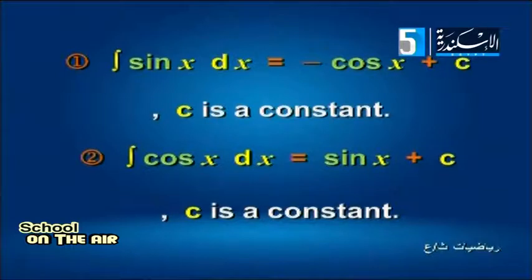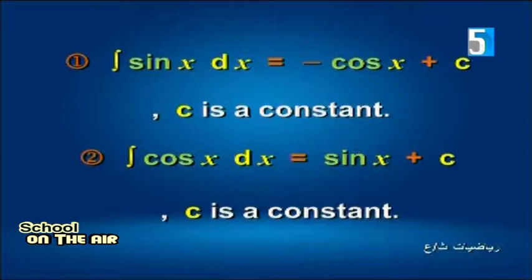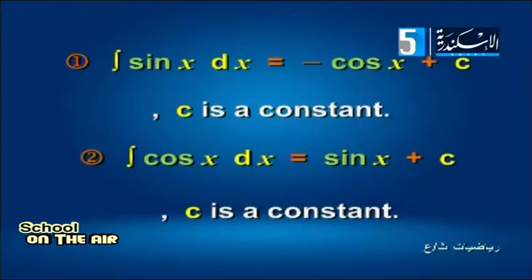Now the integration is antiderivative. Derivative of cosine x equals negative sine x, then integration sine x dx equals negative cosine x plus c. And the derivative of sine x equals cosine x, then integration cosine x dx equals sine x plus c.